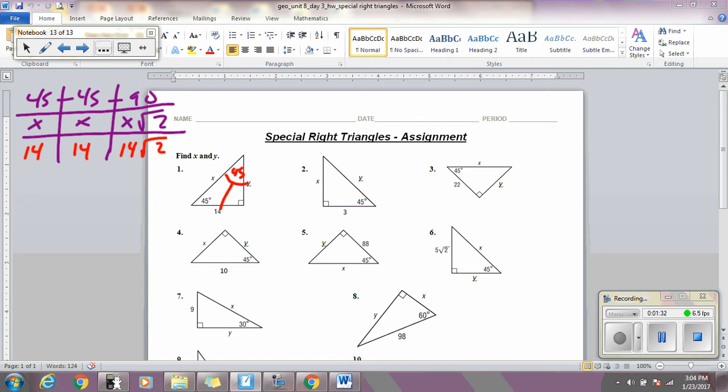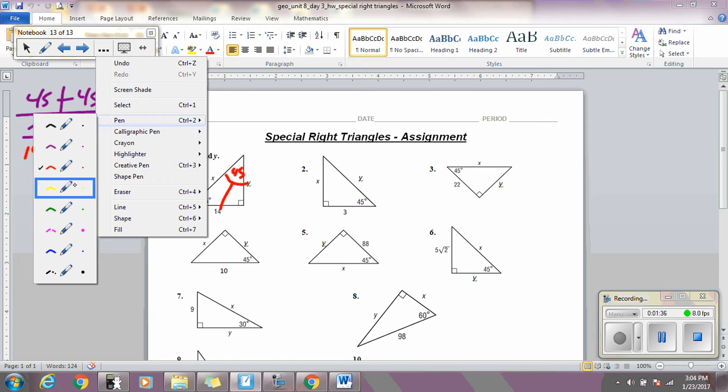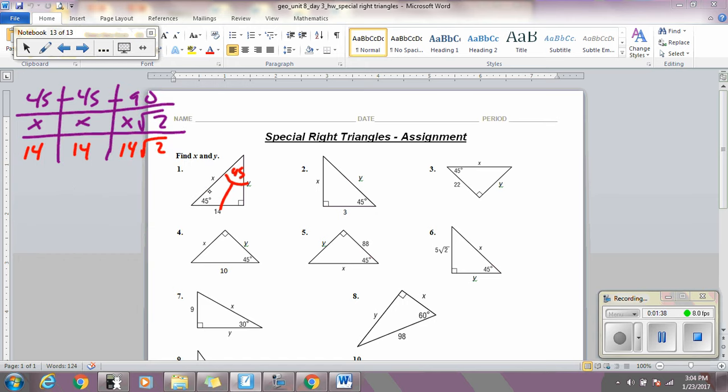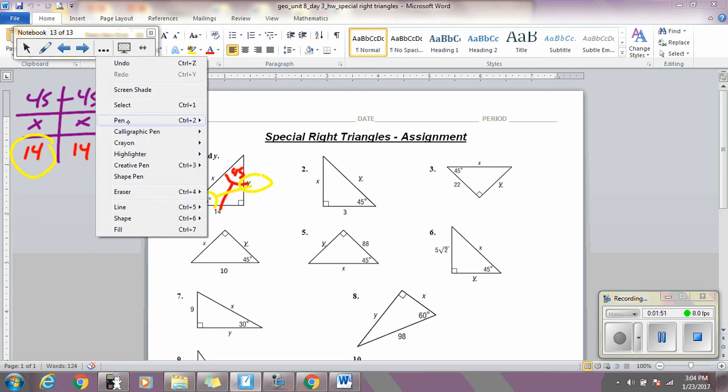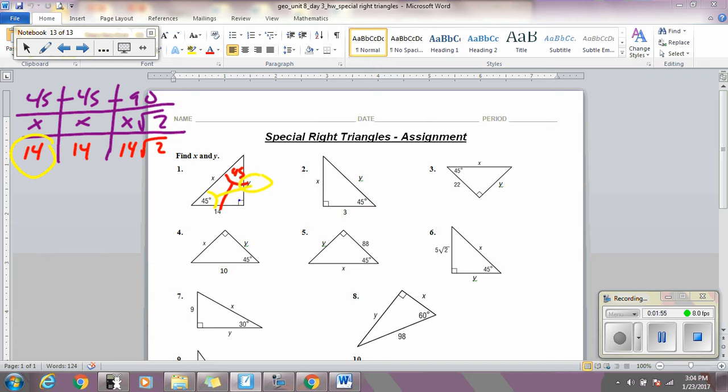Now let's look back at the picture. So we have a 45-degree angle, and across from it is y. So that means y is equal to 14. And then it wants us to look across the right angle, and you see x.